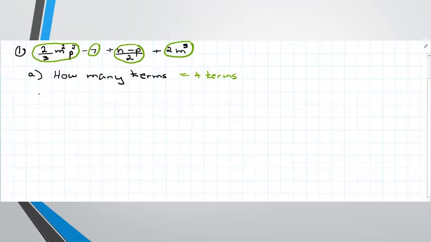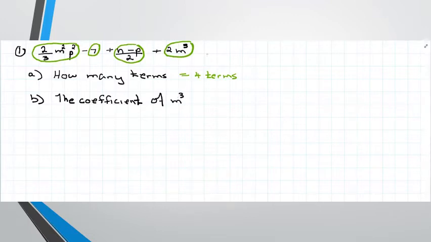Number 2, or number B. The coefficient of, let's say, m cube.